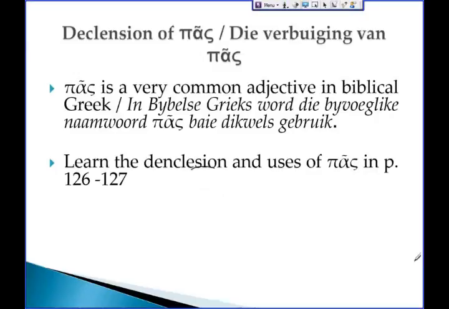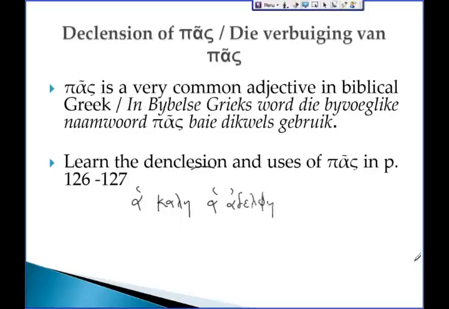You're talking about the article, he, and then kale, and then you can have he adelphe.